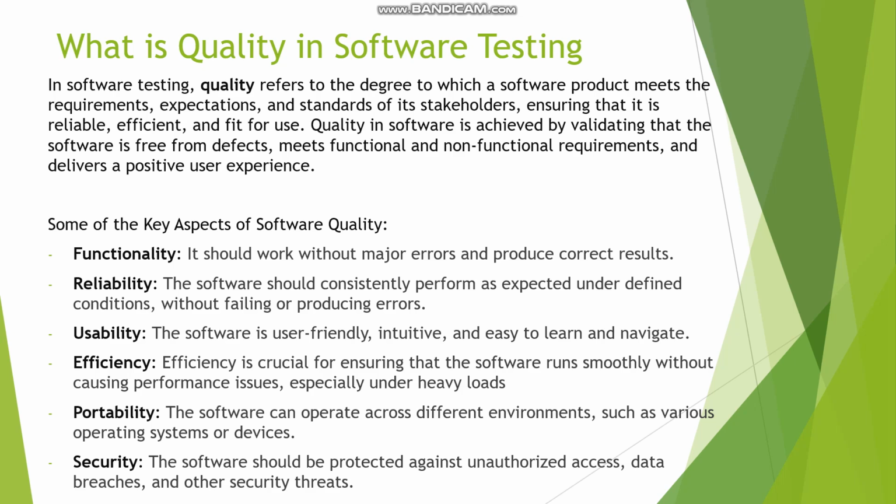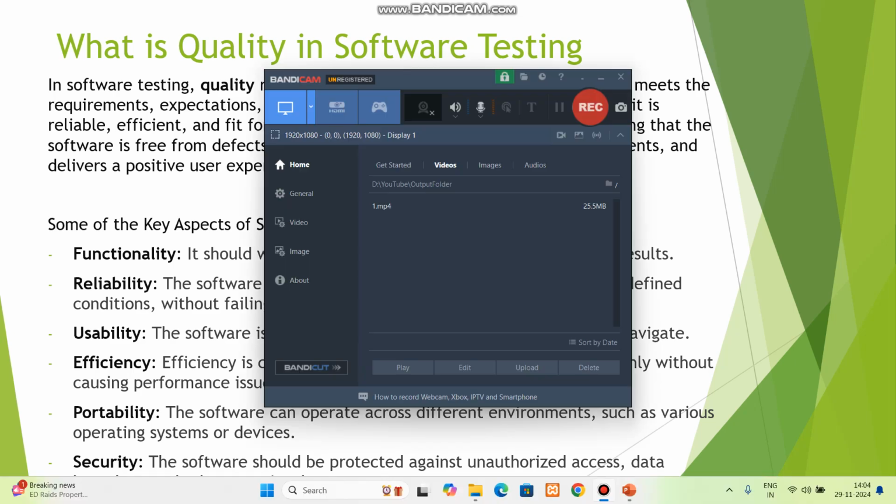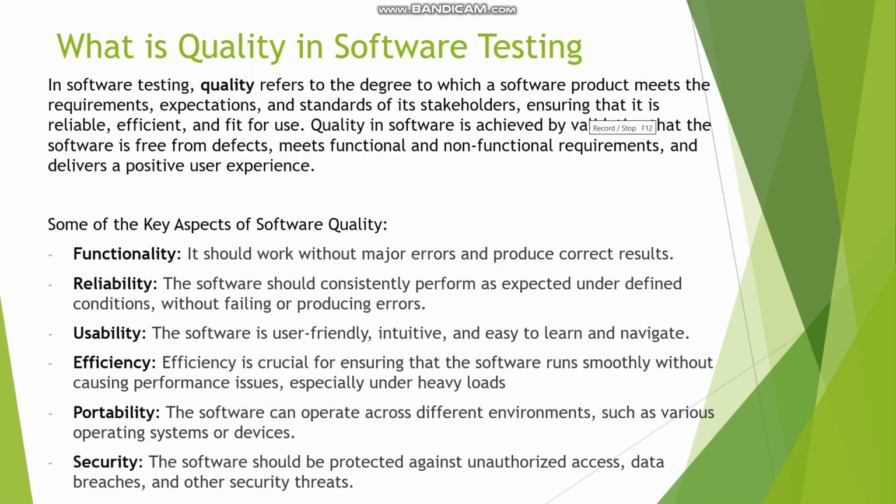The software can operate across different environments such as various operating systems or devices. Security. Security is one of the software qualities. The software should be protected against unauthorized access, data breaches, and other security threats. These are the qualities.